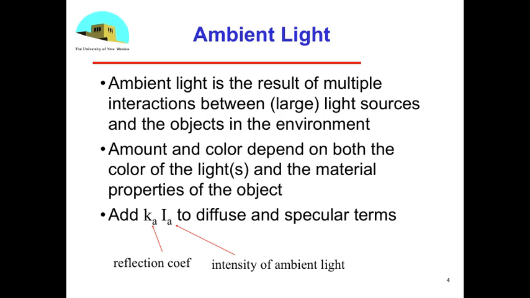So there's going to be a reflection coefficient, and then a term that's dependent on the intensity of the ambient light, which in a way is proportional to the intensity of the total light from the sources in the scene. We'll call it the ambient product, and now we'll derive a diffuse product and a specular product. But once you fix those constants, that's a constant in the model that applies to every vertex or every fragment in the scene.